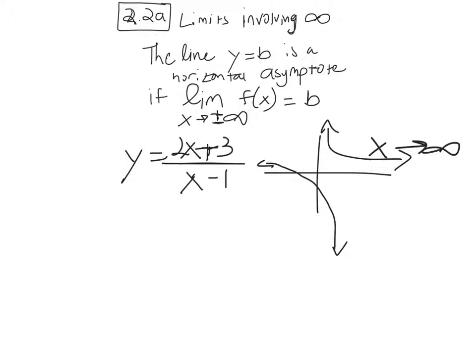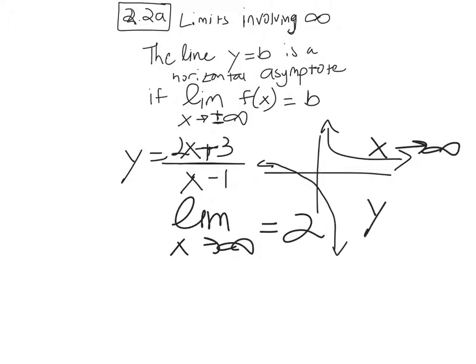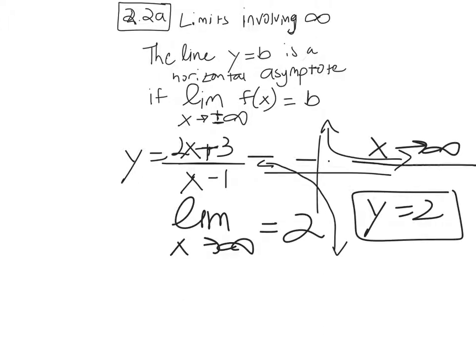People like to go to the table, and they like to follow x out to infinity, and there's 2.3, 2.2, 2.1. You can go really far, but the limit as x goes to infinity is equal to 2, which means that at y equals 2, there is a horizontal asymptote right through there.